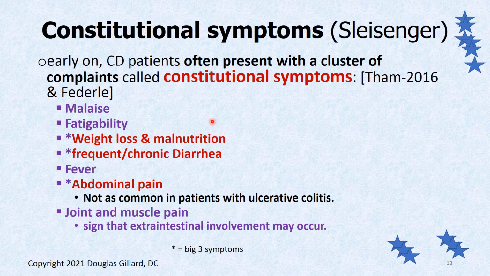But if it's a bad infection and inflammation, you can start getting feverish and flu-like symptoms, malaise, no energy, fever, joint and muscle pain. Now that could be just from the flu-like symptoms, or that could be a sign of extraintestinal involvement. But the big three, of course, are diarrhea and abdominal pain. And then you don't want to eat when you're having these flare-ups, so you get weight loss and malnutrition.